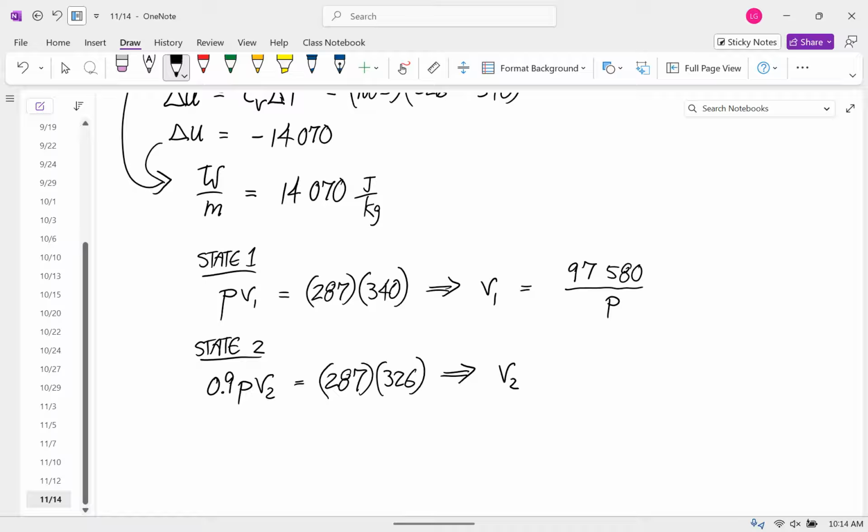And so V2 is equal to 103,958 over P. So it isn't compressed.